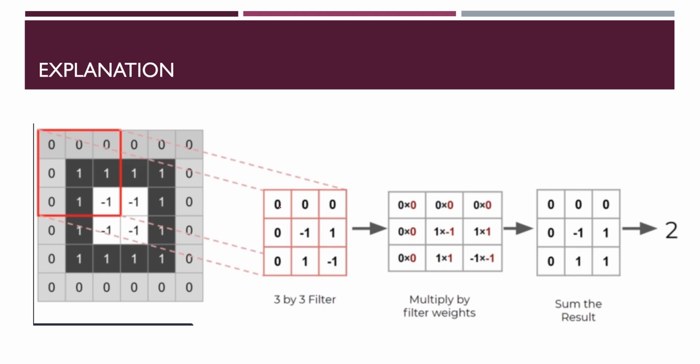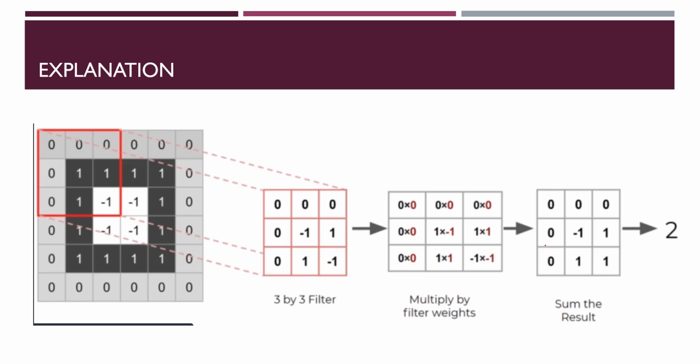So multiply these intensity values by the filter weights. Once you multiply each of these values, you sum up the result. After multiplication of the respective values, you will get this kind of a result. So 0 multiplied by 0 gives you a 0, 0 by 0, 0. 1 with -1 gives you a -1.